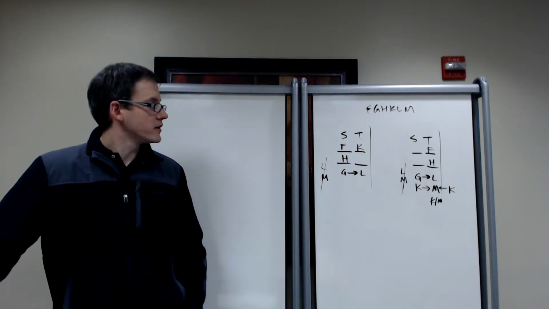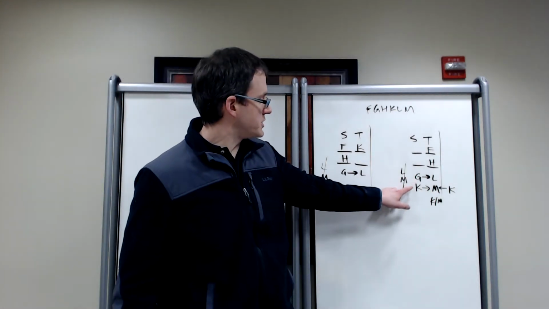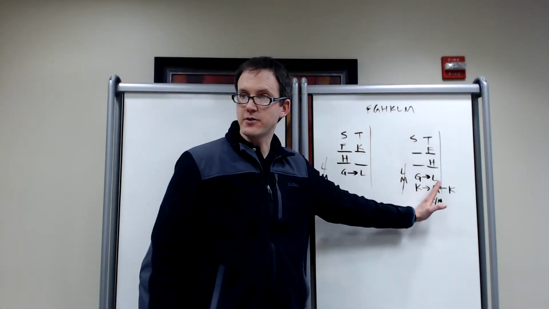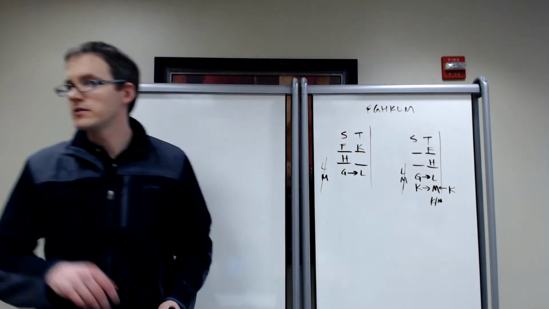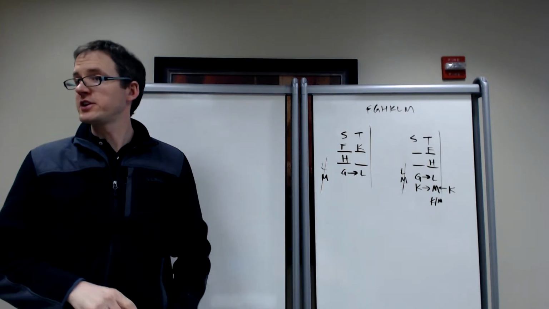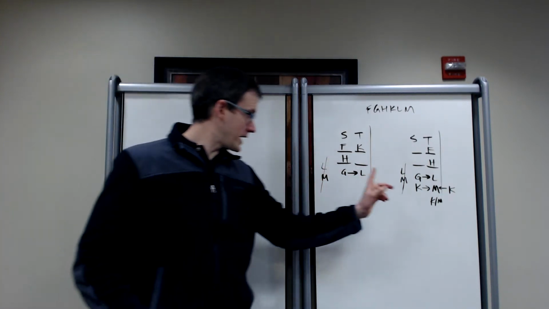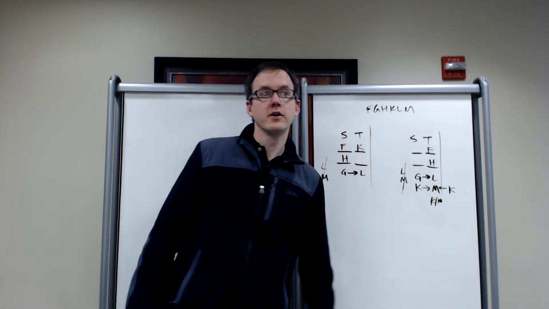Yeah, then G cannot be. Right, so if we put G and K here, we'd have L and M together. Exactly. Is there a way you're thinking about drawing that? No, just an observation. You're absolutely right. It's combining this rule right here with the G and K action. Okay.